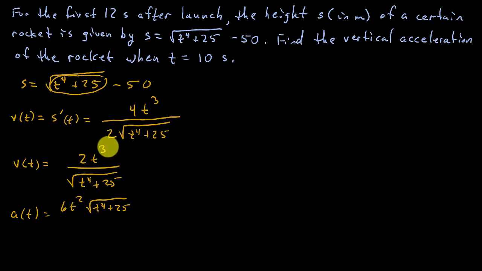All right, so it's the derivative of the numerator, which is this, times the denominator, minus the derivative of the denominator. So let's use that shortcut on this again. So that's going to be 2 square root t to the fourth plus 25, and then the derivative of what's underneath the square root goes in the numerator.